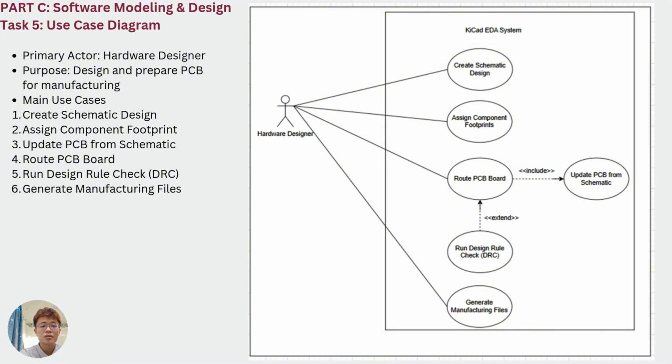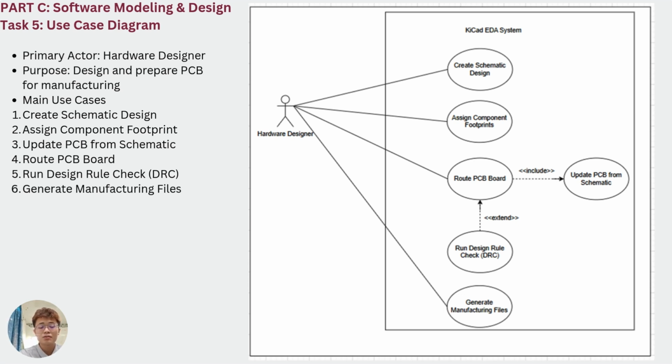There are two important relationships shown in this diagram. The first one is the include relationship between route PCB board and update PCB from schematic. This is a mandatory step because the PCB must first receive the component placement and electrical connections from the schematic before routing can begin.